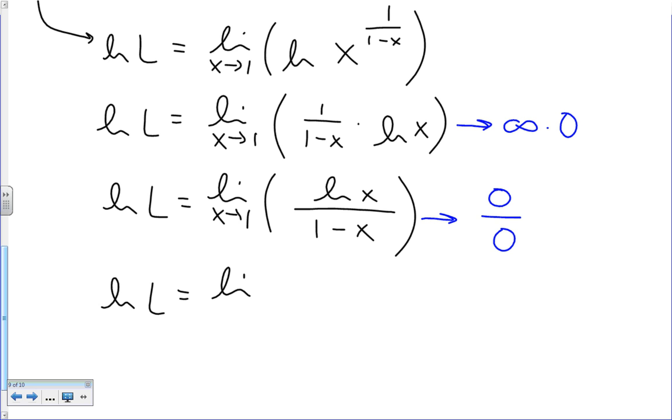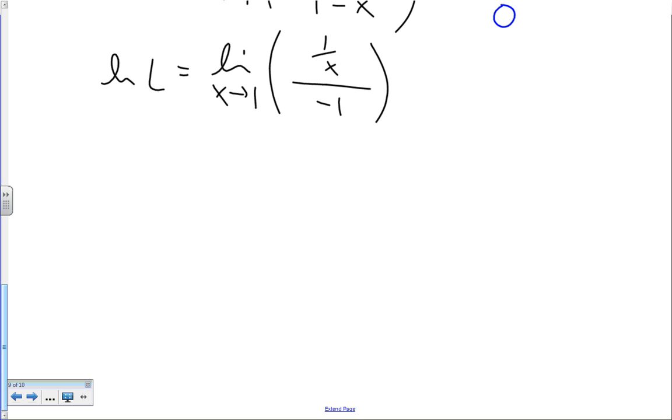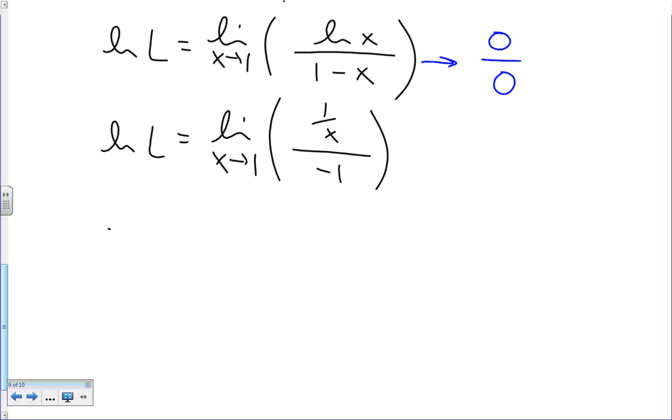I still have the limit as x goes to 1, but now using L'Hopital's rule, L'Hopital says just take the derivative of the numerator, which is 1 over x, and divide it by the derivative of the denominator, which is going to be 0 minus 1 when I take the derivative of those two parts, but that'll just be a negative 1. And again, if you can, I would suggest that you simplify this before you start trying to evaluate that, which I can see that I can simplify this for sure.